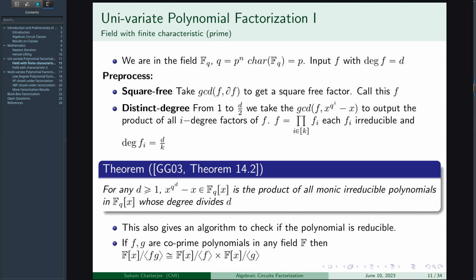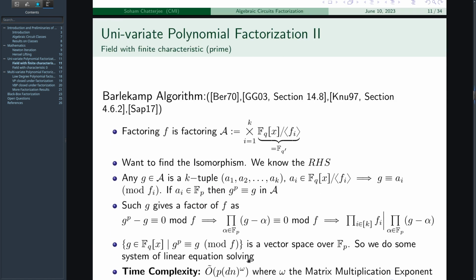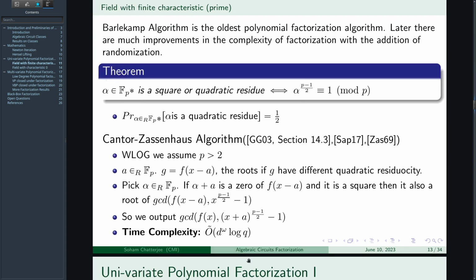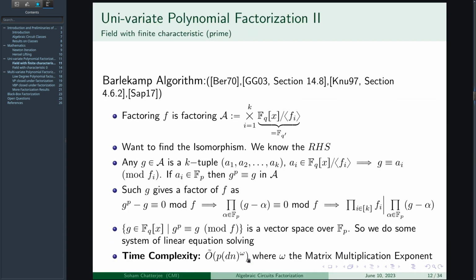We basically only need this statement that Fq[x] quotiented by fg is isomorphic to the direct product of Fq[x] quotiented by f and Fq[x] quotiented by g. Now we will talk about the Berlekamp algorithm, which is one of the oldest algorithms for polynomial factorization. You can read this from von zur Gathen's book or Chatterjee's survey.